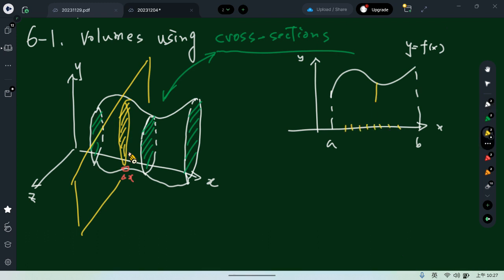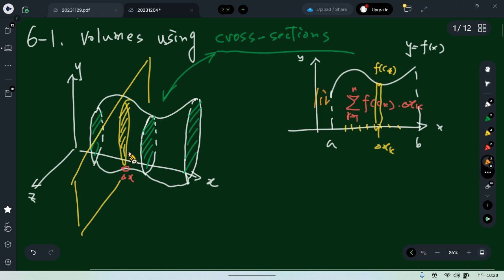Then we can get the rectangle by using one of the points in the subsection, then we can get f of ck, right? And then times delta sk. Then finally, we use sigma f of ck times delta sk, k is from 1 to n, and finally we take the limit, right? We can get the value, get the area.